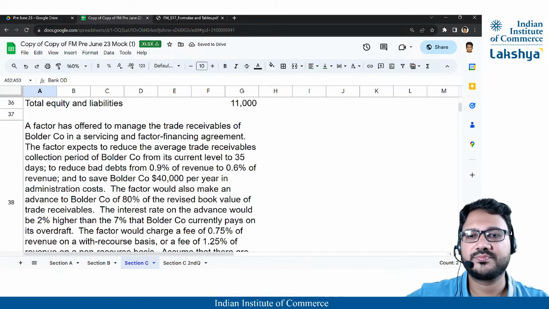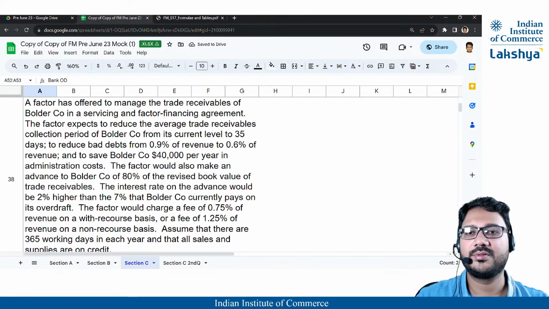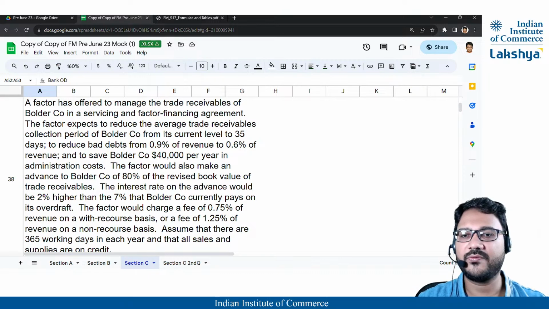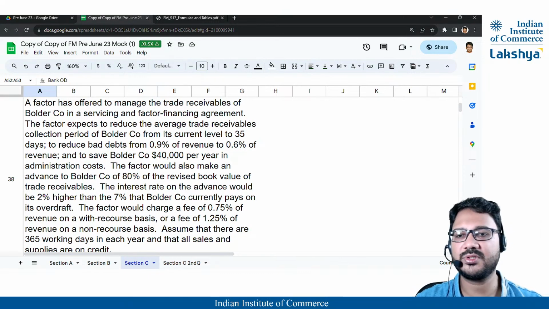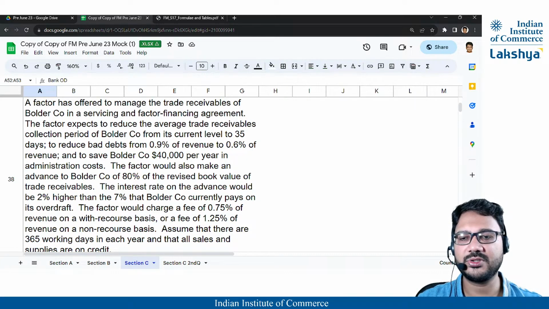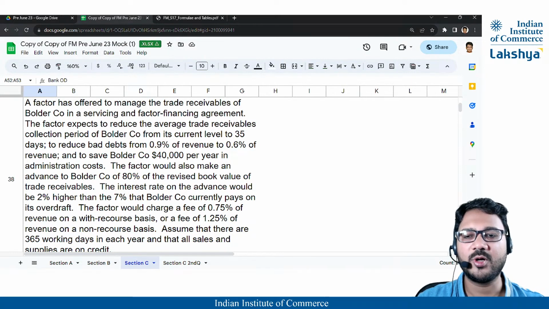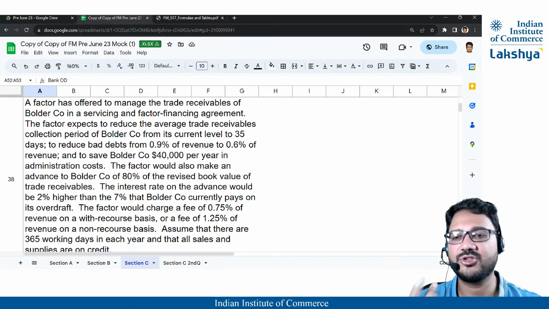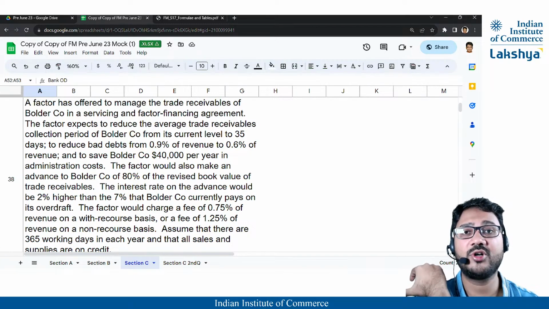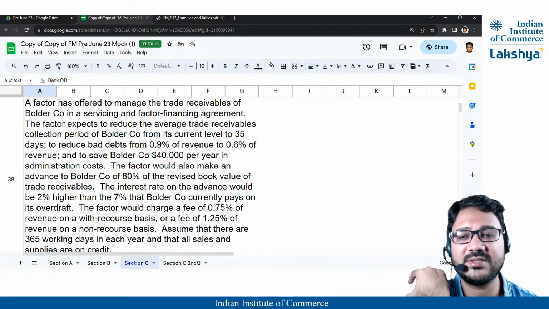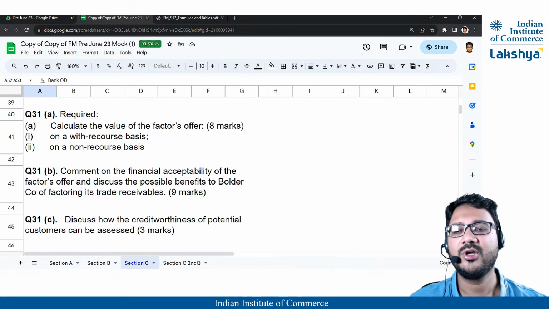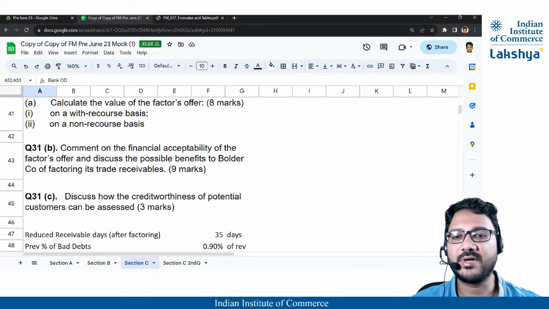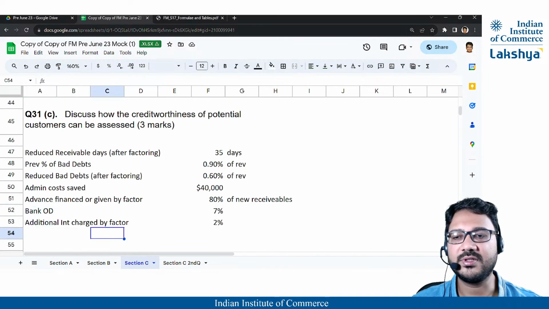What else? We read that the factor would charge a fee of 0.75% of revenue on a with recourse basis and a fee of 1.25% on a non-recourse basis. Well, obviously, non-recourse means there is protection from bad debts. There's an insurance against bad debts. That means you are not going to suffer from bad debts. It is the problem of the factoring agent. So 1.25% is the fee in that case.